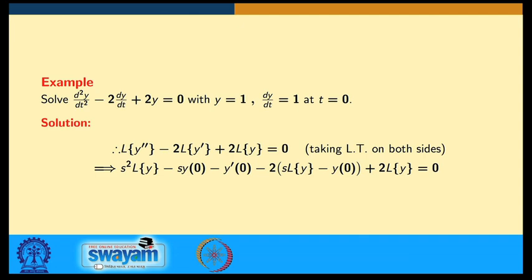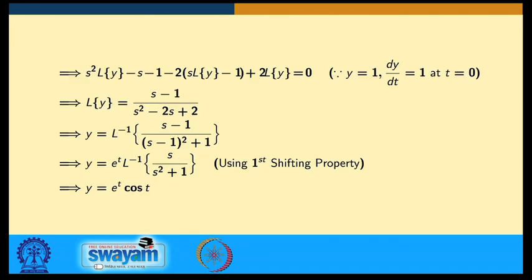Let us see the same thing I can show it this way. I am taking the Laplace transform on both sides, I am obtaining this. From here I am putting the given conditions y equals 1, dy dt equals 1 at t equals 0. By substituting these values y 0 and y dash 0, I am getting this.